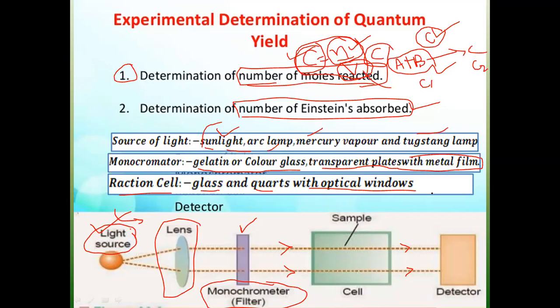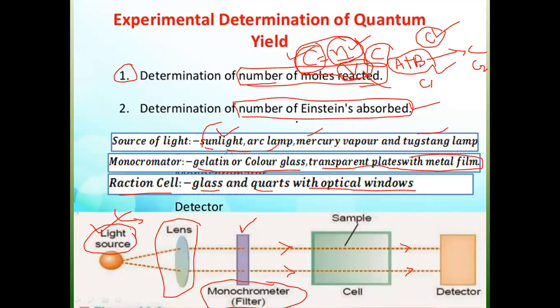Monochromatic light comes in through one window, and the transmitted light comes out from the second window of the sample holder.